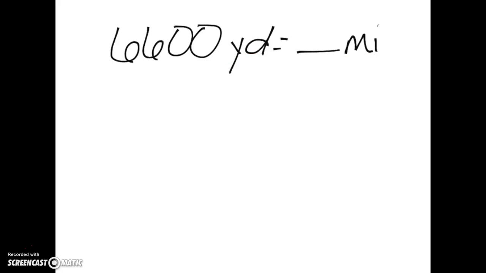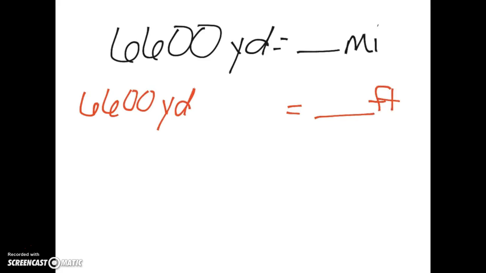So my first step is actually going to be, I want to take this 6,600 yards and convert it into some number of feet. If I'm going from yards to feet, I'm going from larger to smaller, so I'm going to be multiplying. I have to figure out what I'm going to multiply by.